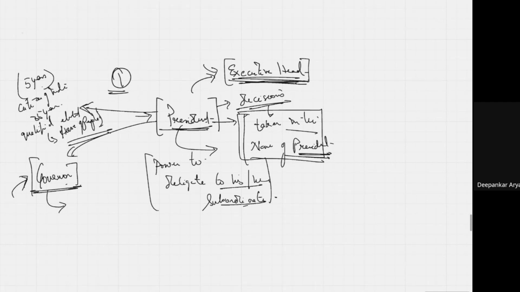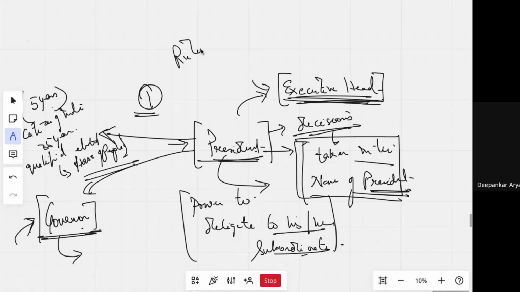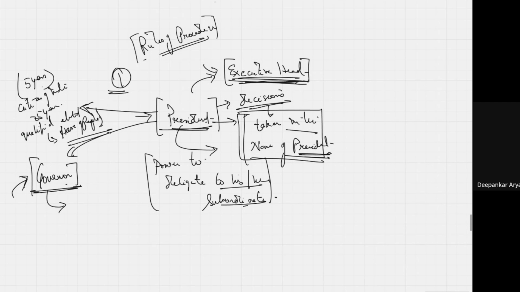In the rules of procedure of the parliament. So why is the House of the People used instead of Lok Sabha? Because these are the representatives of the people, directly elected by the people.